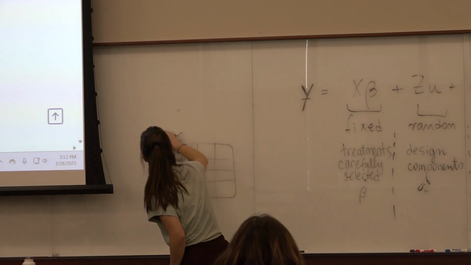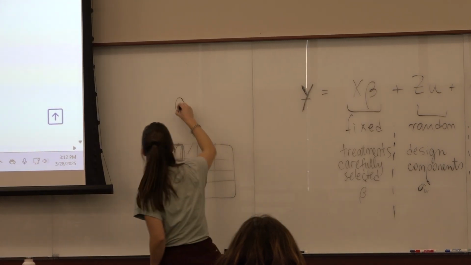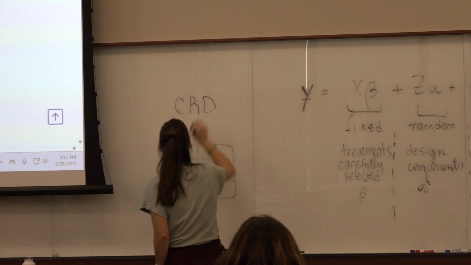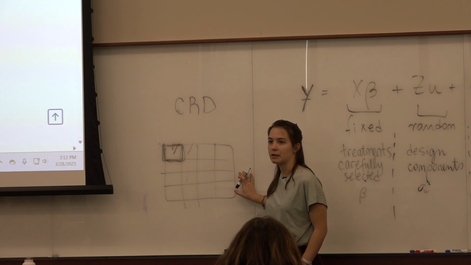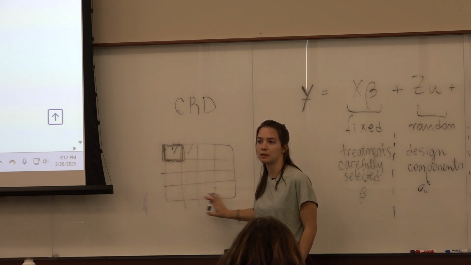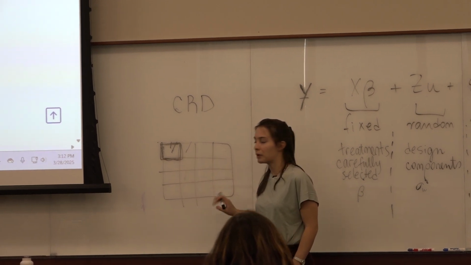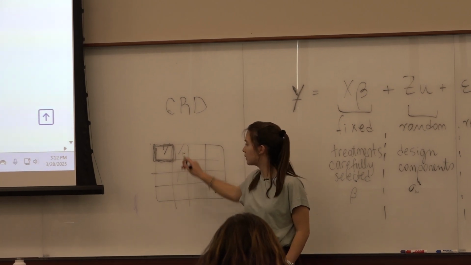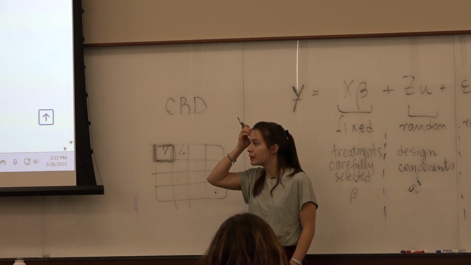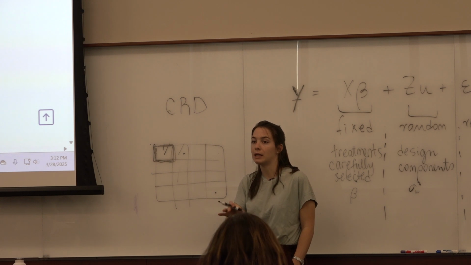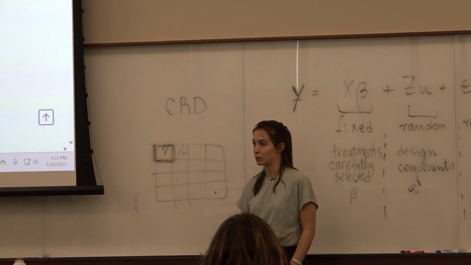But basically, the whole idea for the CRD, completely randomized design, is that we can assume that in a field setting, the whole area is approximately homogeneous, right? So if I grow a plant here or here, they're going to experience similar conditions. So there's no need to control for any higher or lower fertility whatsoever, okay?